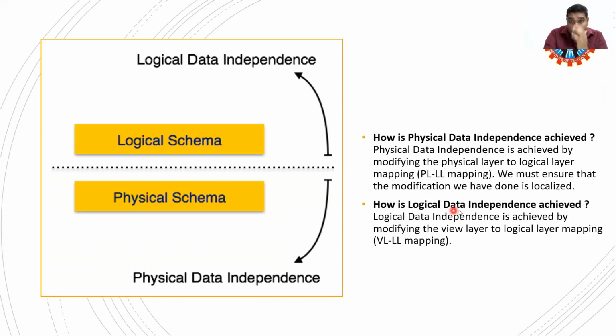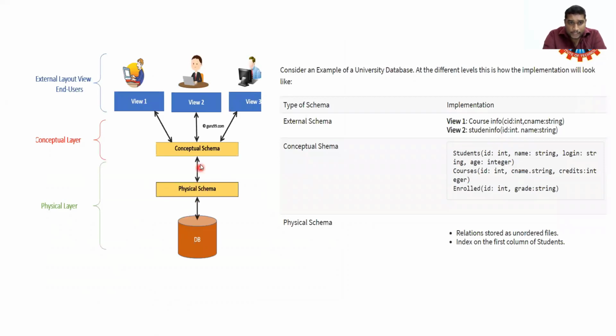Similarly, how is logical data independence achieved, right? See, this is physical data independence, that is nothing but mapping the physical to logical or conceptual. Similarly, how is logical independence achieved? By mapping the conceptual schema to the external view.